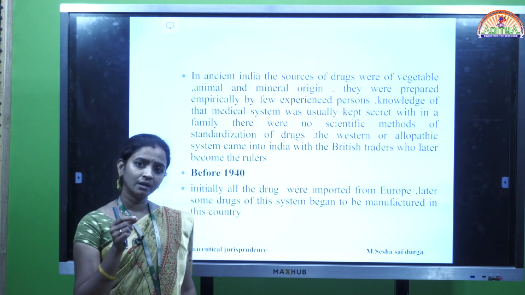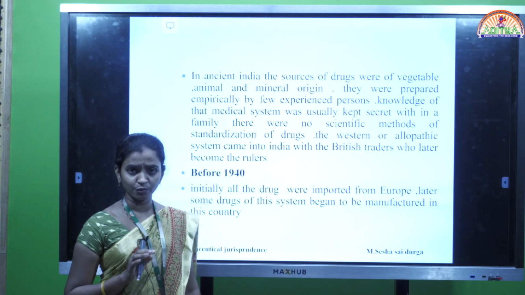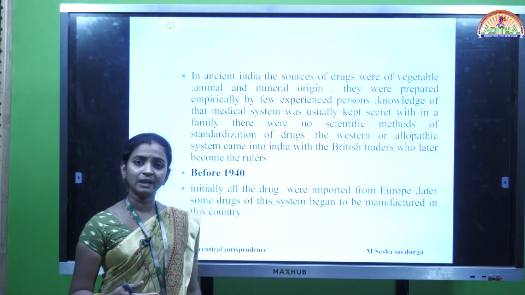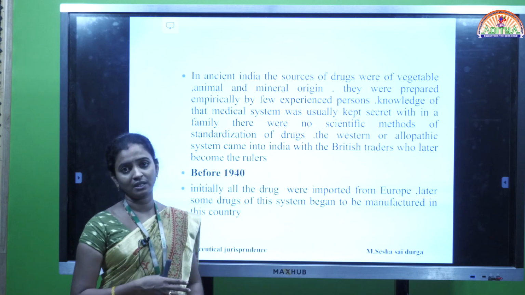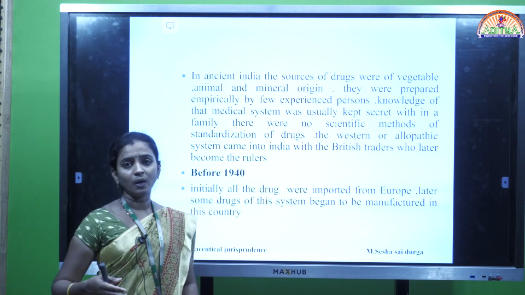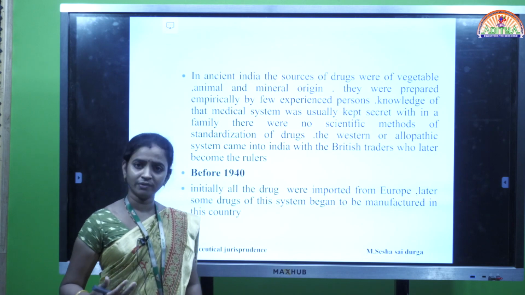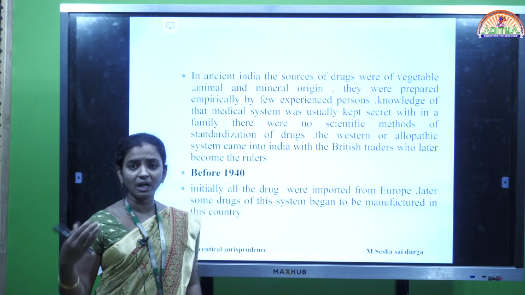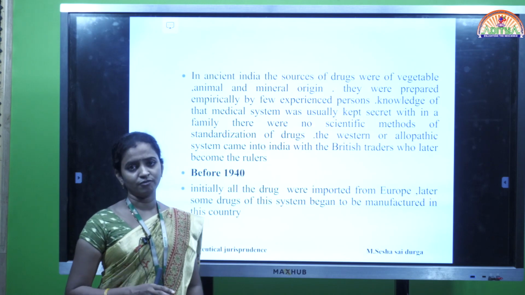Just with knowledge and experience related to pharmaceuticals, they continued all the activities, and that person could transfer his knowledge to a member of his family. So it went on from one generation to another in the same family.